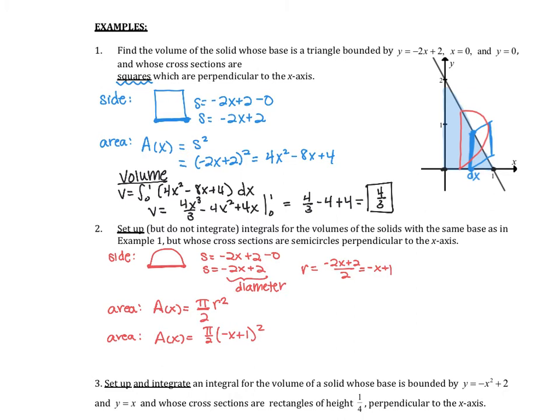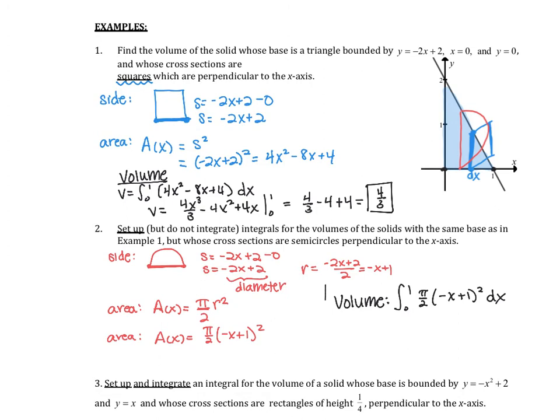Now, if I wanted to find the volume, because remember it says to set up an integral, my bounds of integration haven't changed. They're still from 0 to 1. And then the volume is the integral of pi over 2 times negative x plus 1 squared dx.